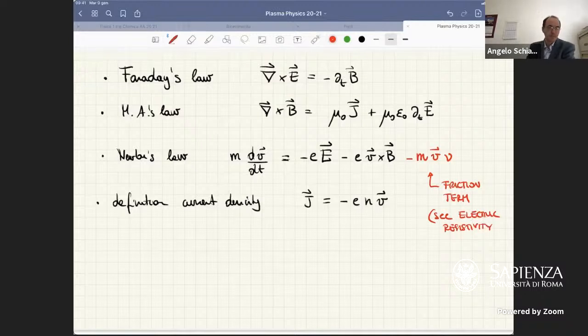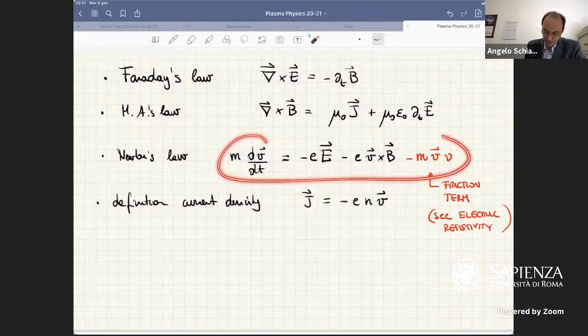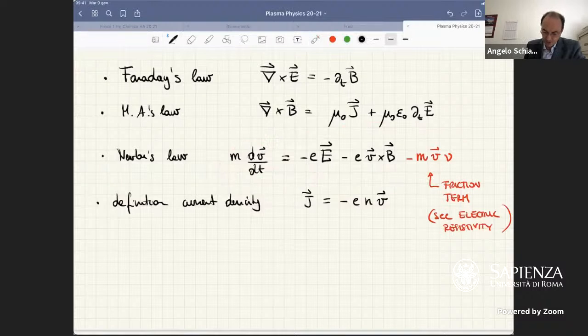Okay. Let's work a bit with Newton's law, and let's write it in terms of perturbation and linearization. So we can rewrite it in one go: remember that we have the mass of the electron times the total derivative of the velocity.